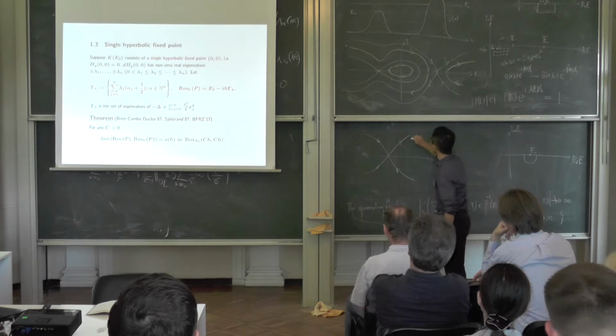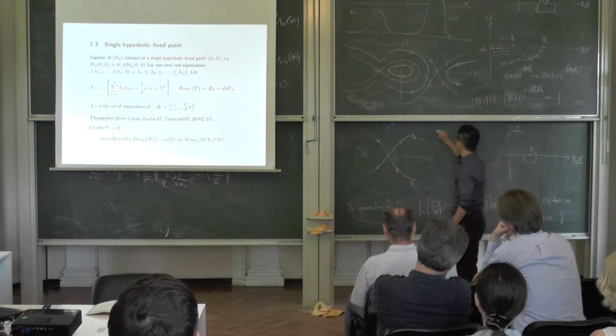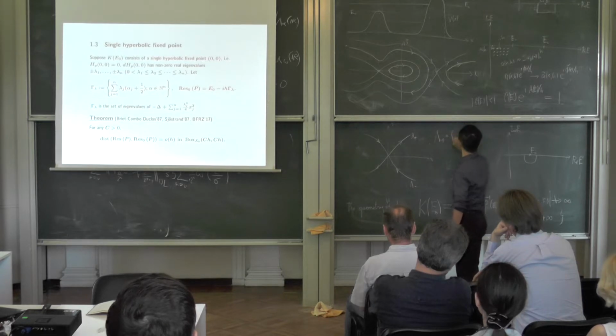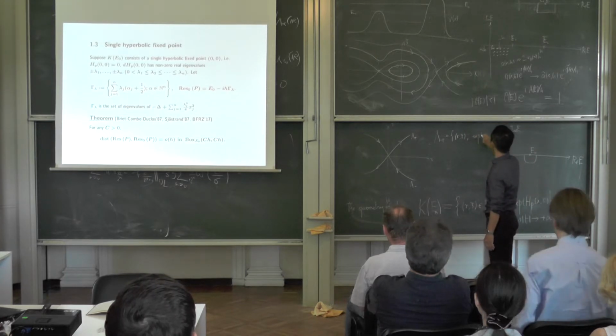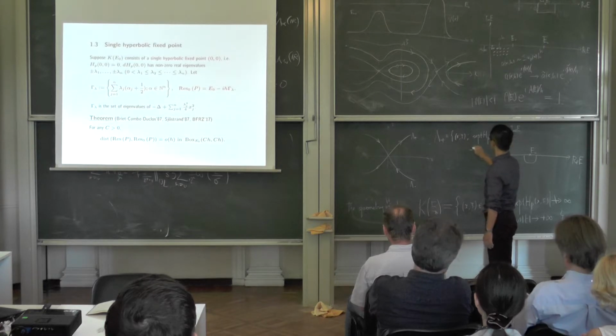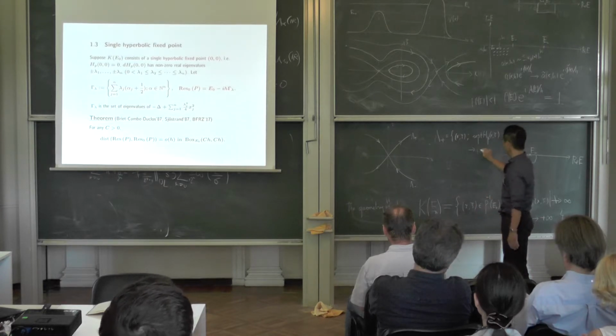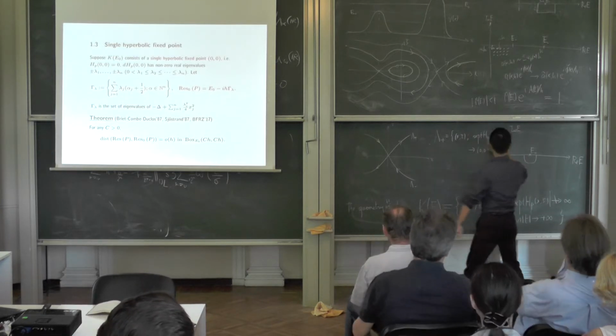This one I call lambda plus, and this one lambda minus. And lambda plus is by definition the set of points x, psi such that the flow from this point converges to the fixed point 0 as t goes to minus infinity.